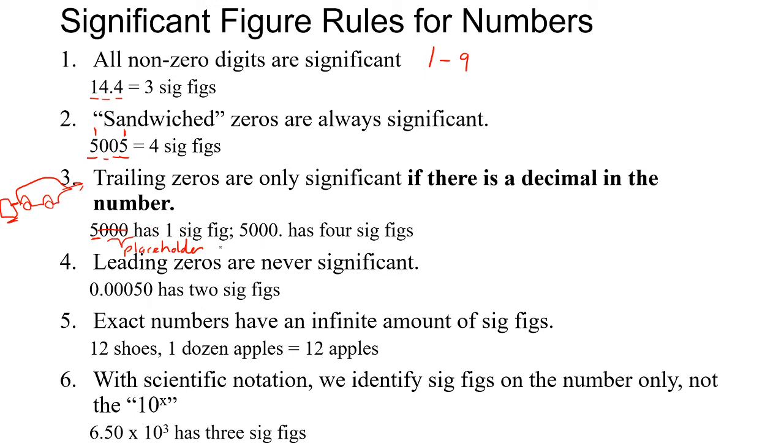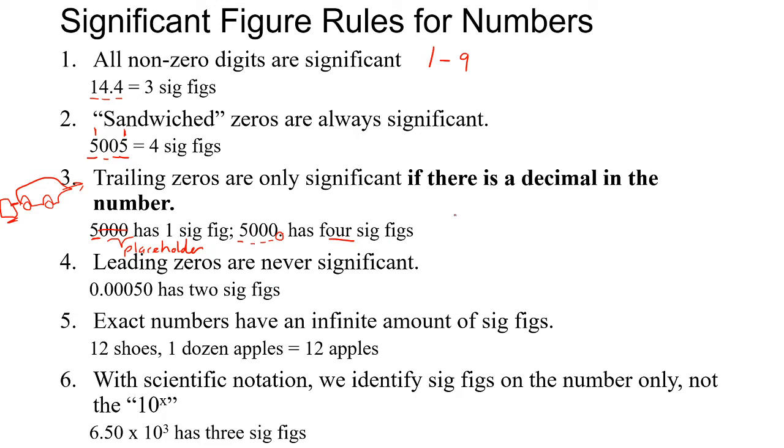Now let's look at the next one. Let's say I have 5,000, but I do add that decimal at the very end. Because these zeros are trailing a non-zero number and there's a decimal, each of these digits is significant. So in this case, I would have 4 sig figs.